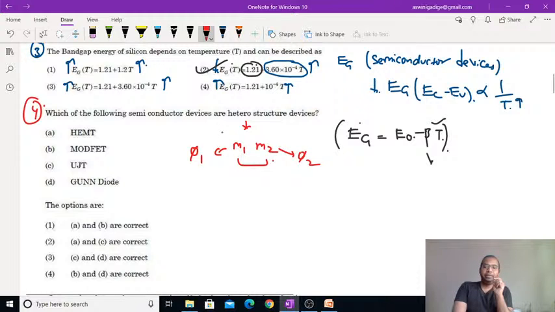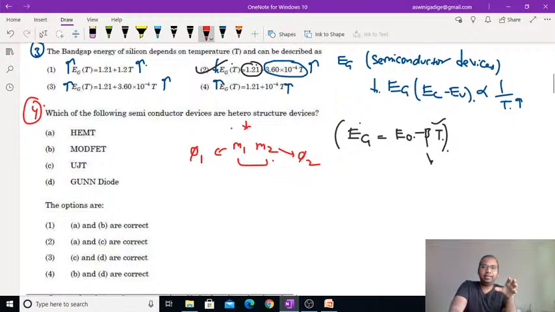First of all, what is the meaning of work function? Work function can be taken as the amount of energy required to emit an electron completely out of the surface of the material. That is nothing but a work function. The best example is the thermionic emission in cathode ray tubes.